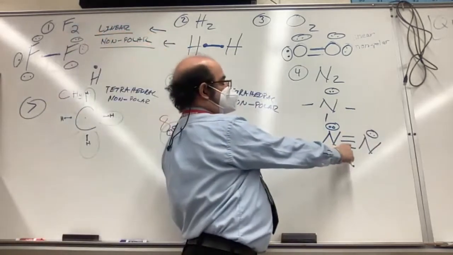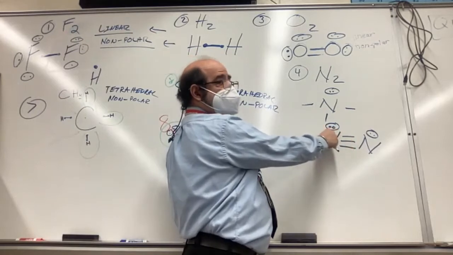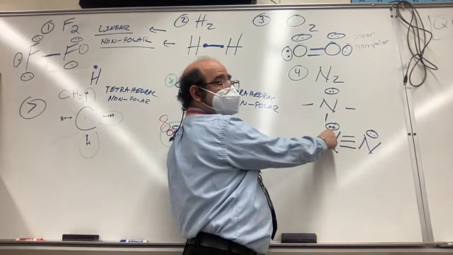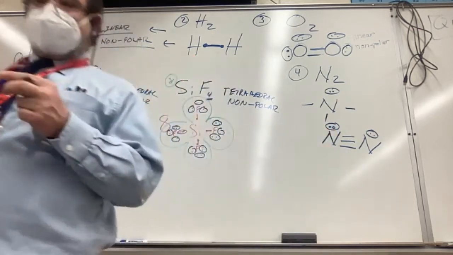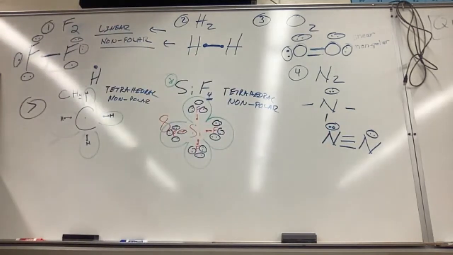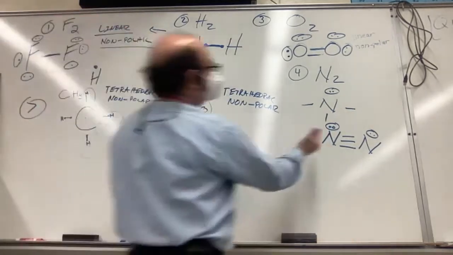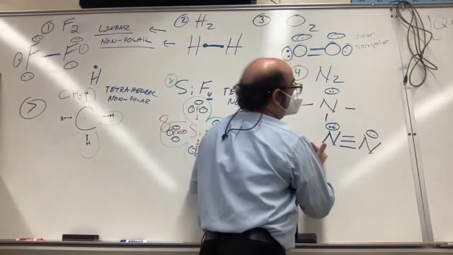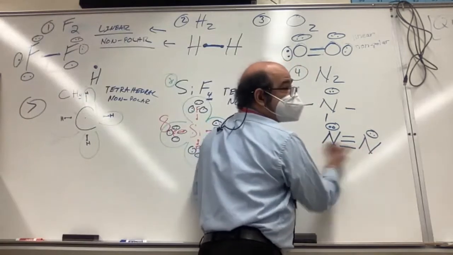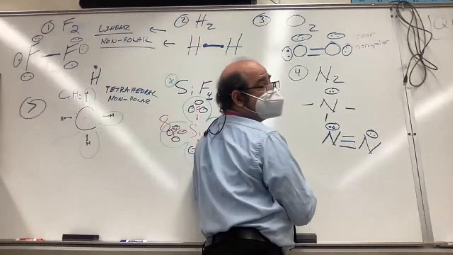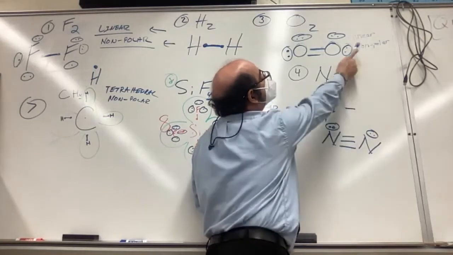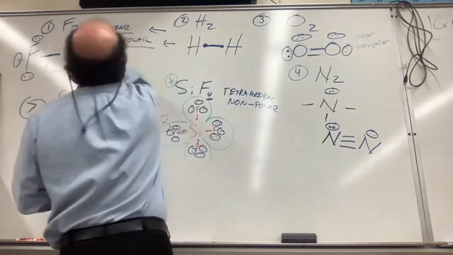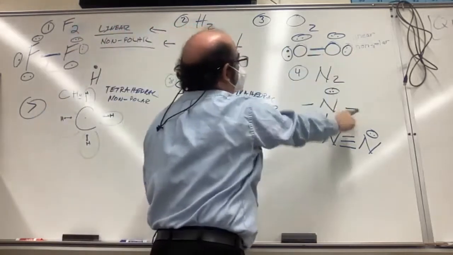Count 2, 4, 6, 8. If you left off that pair, it technically is not right. So we have two nitrogens, same on both sides. Shape, linear. Polarity, nonpolar. All of these guys: linear, nonpolar, linear, nonpolar, linear, nonpolar.